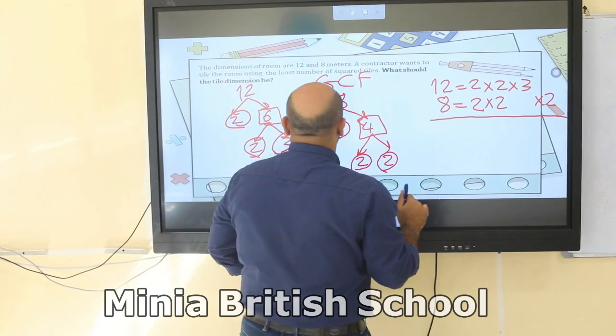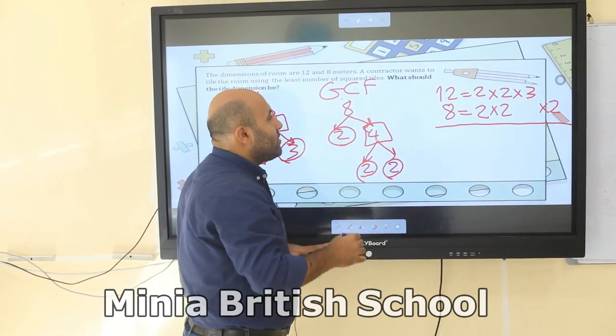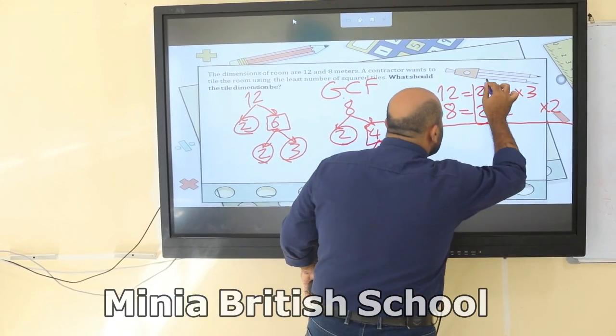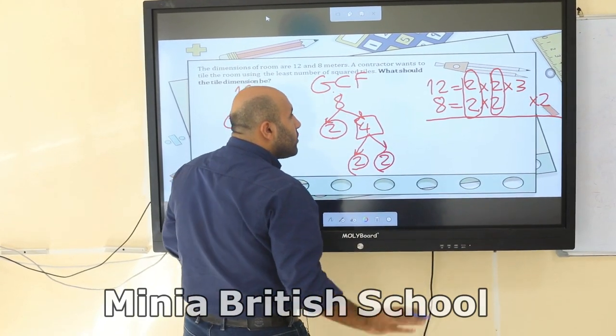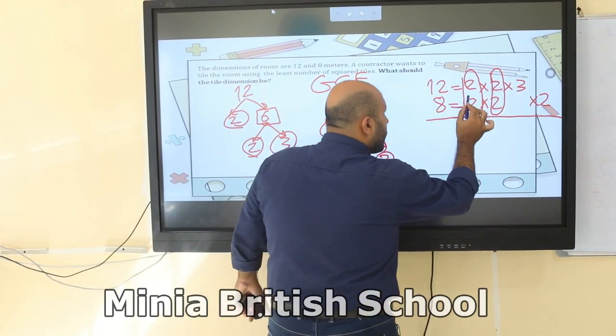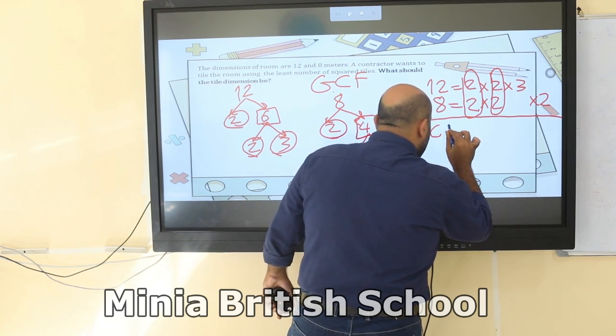And let's get the GCF. So circle the common factors. I circle 2 and 2. Okay? I circled both of 2 and 2. So I wanted the GCF.